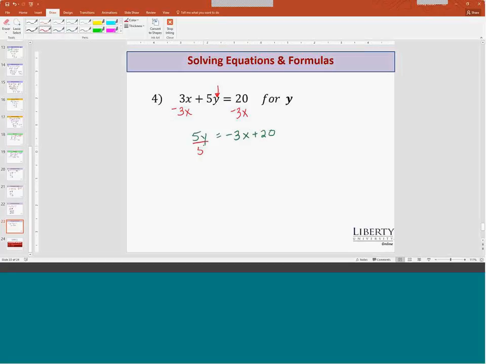Solving for y, we divide everybody by 5. Everybody gets divided by 5. With just y, our goal, that is equal to negative 3x over 5, or negative 3/5 times x, plus 20 divided by 5, which is 4. When you've got fractions involved, you always want to simplify your fractions and express that simplified version as your final answer.